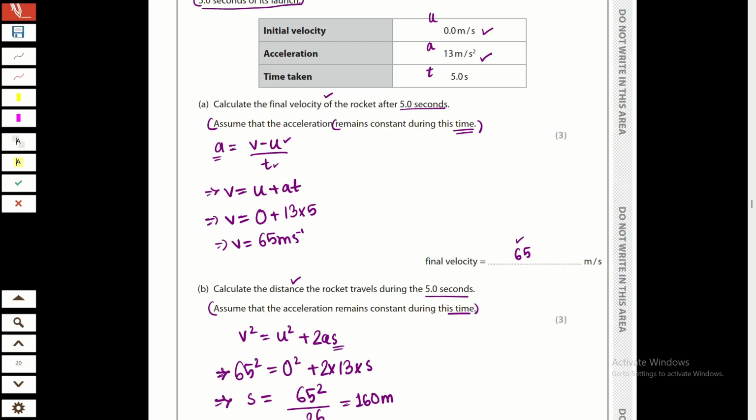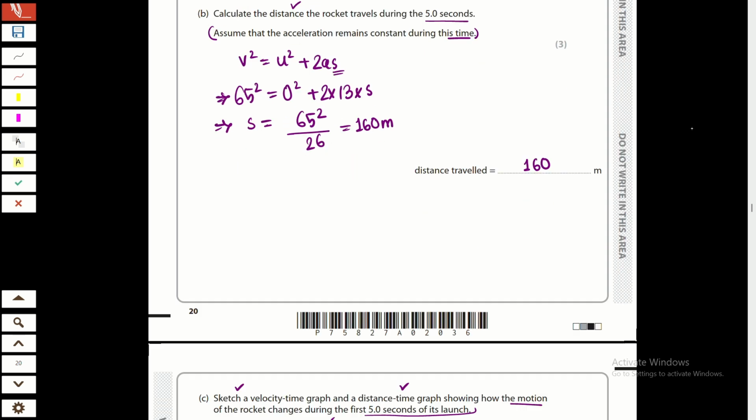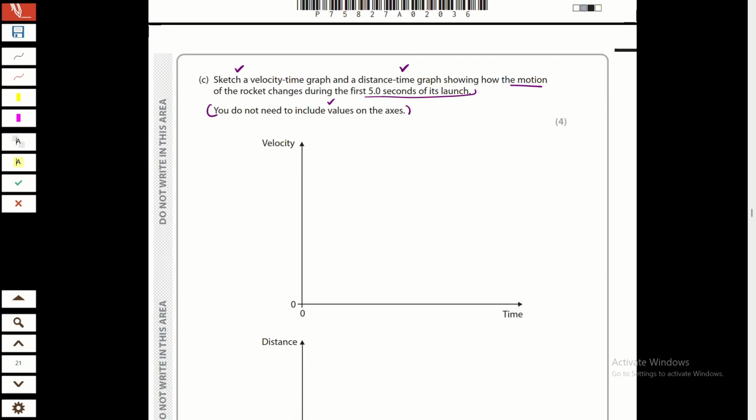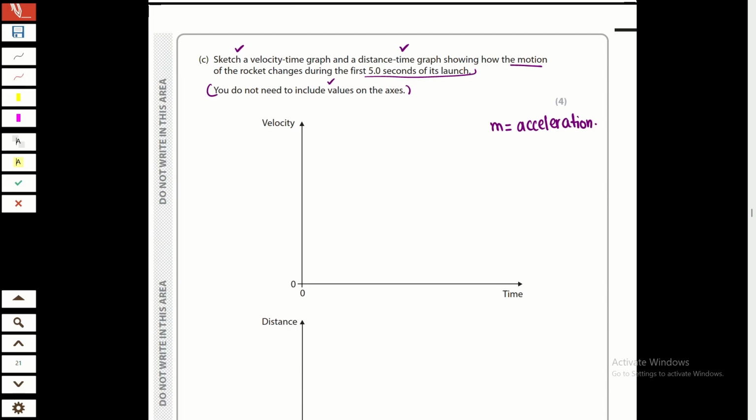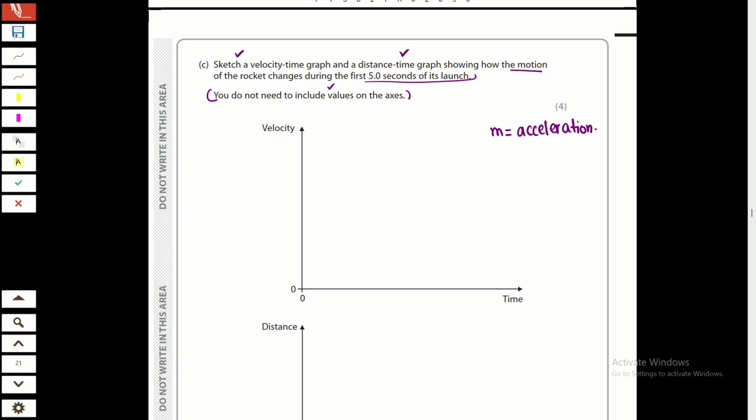So as we know that the rocket is moving at a constant acceleration, they have told us that the acceleration remains constant. So if the acceleration remains constant, we know that the gradient for the velocity time graph is basically acceleration. So if acceleration is constant, this means that the gradient for the velocity time graph is also constant.